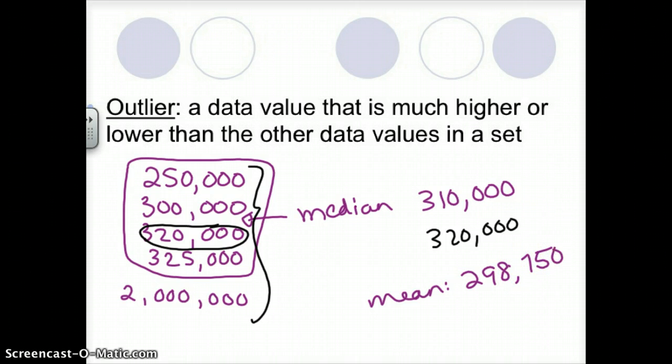And now if I add them all, including the 2 million, and divide by 5, the new number of numbers, the new mean is 639,000. So this time it changed a lot. It's important to know that an outlier really impacts a mean. It doesn't usually change a median much.